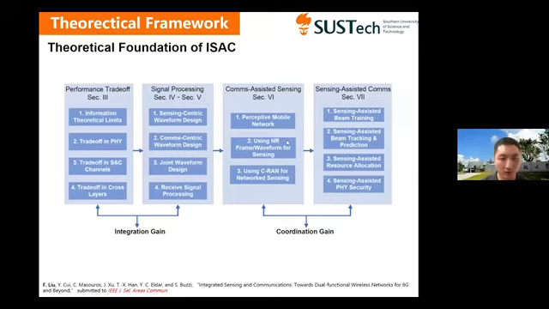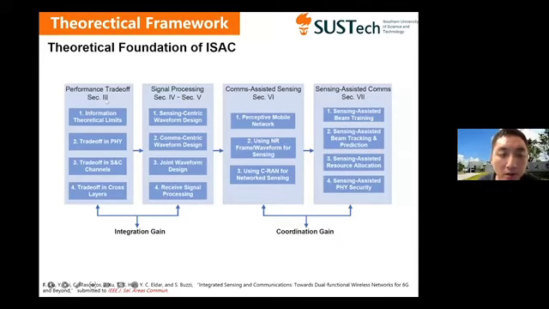Okay, so the previous slides covered the background and motivation of ISAC research and some of our efforts on integrating the academic and industrial activities. From this slide, I will begin to introduce the theoretical foundations of ISAC. This is based on our recent overview paper submitted to IEEE JSAC.